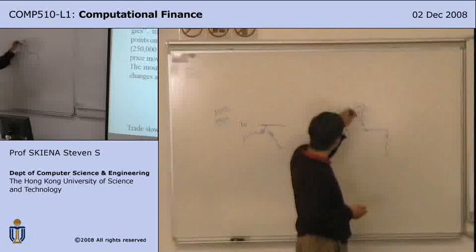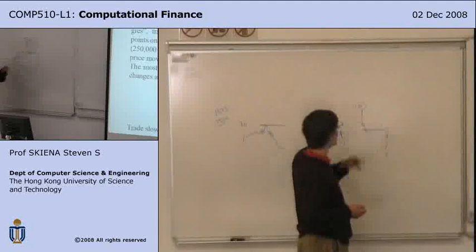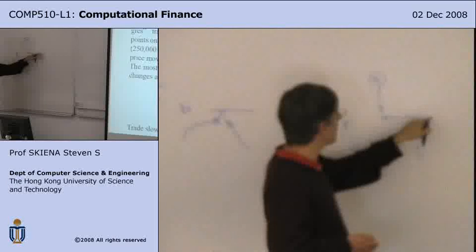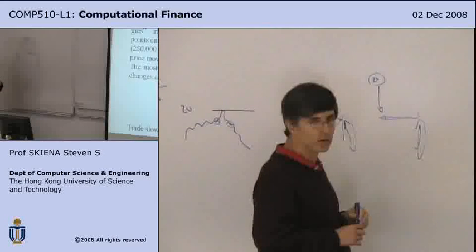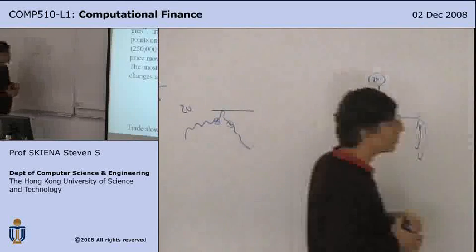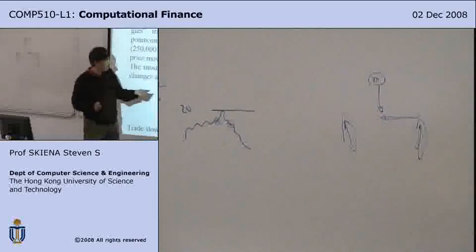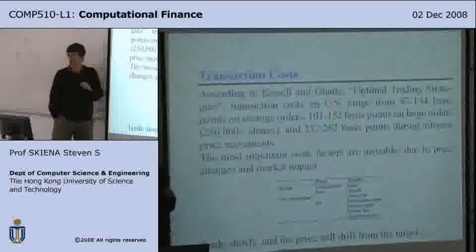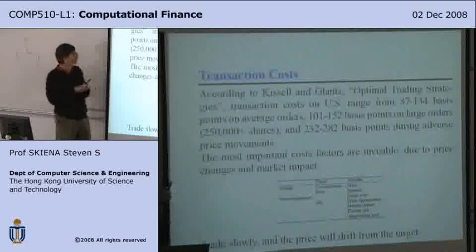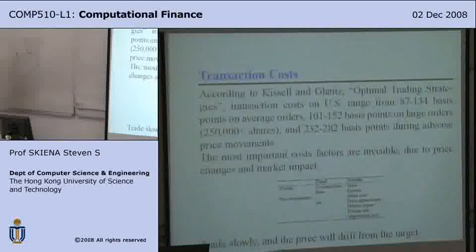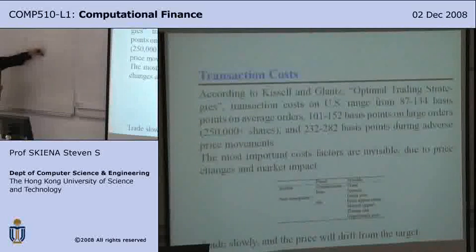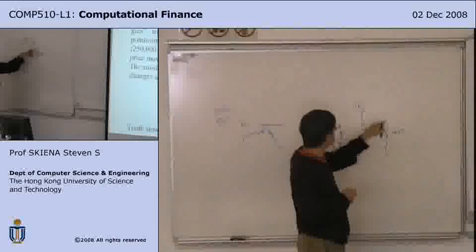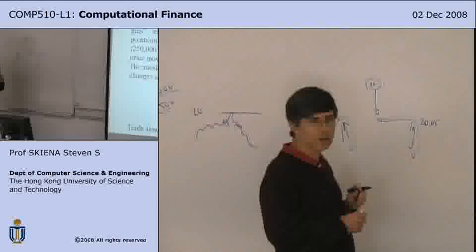You want to buy it at $20, but you can't, because the person who's selling it won't sell it to you for less than $20.05. So either you've got to pay what they want, or you've got to wait and let the prices possibly change. So one possibility is I say I want to buy this stock at $20, and somebody tells you they'll sell to you at $20.05. The transaction cost, part of it is the bid-ask spread.